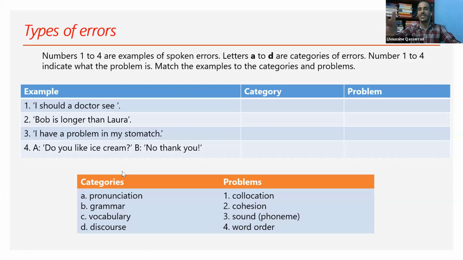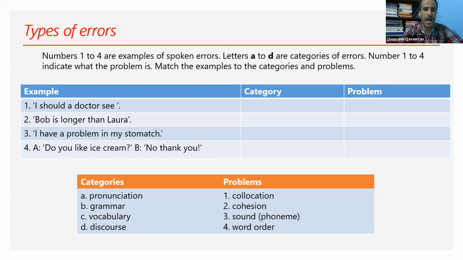Yes. Collocation. Two words go together. With people, we use taller. With objects, we use longer. And the category is vocabulary. All right. That's interesting.